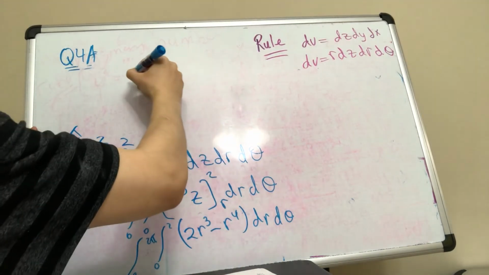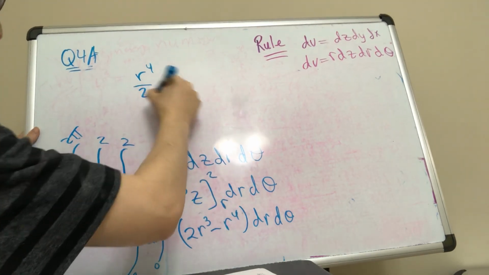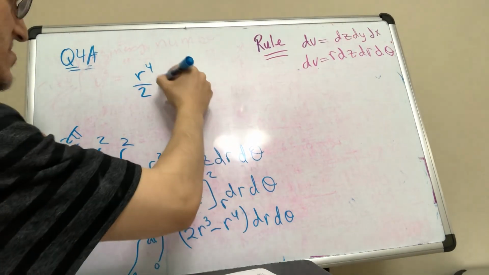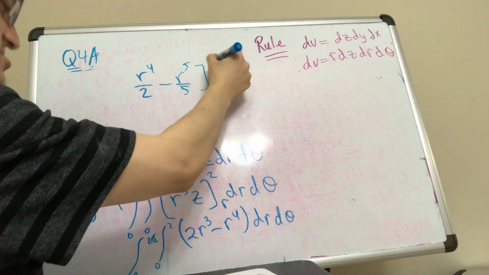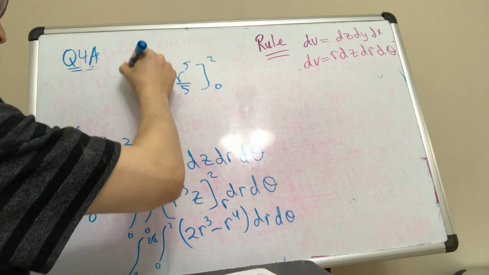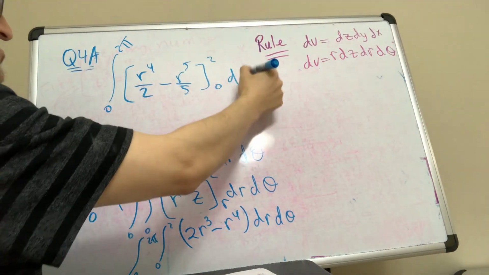Integral of this would be r to the 4th over 4 becomes over 2, cancels with this, r to the 5th over 5, you put the 2, you put the 0, and then 0 to 2 pi d theta.